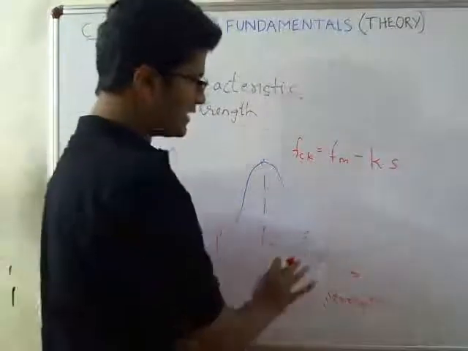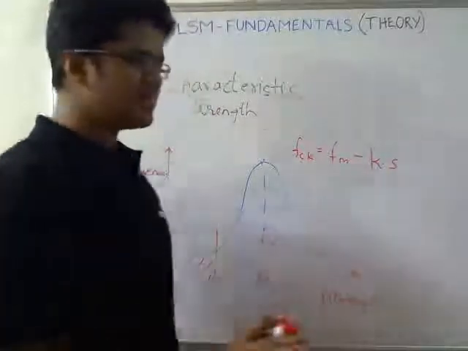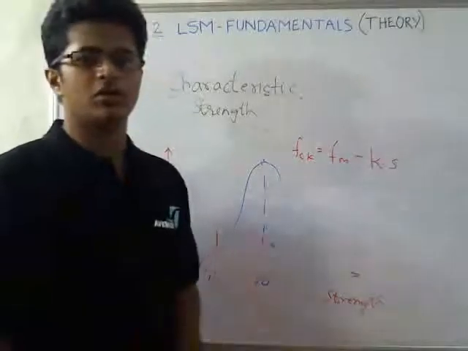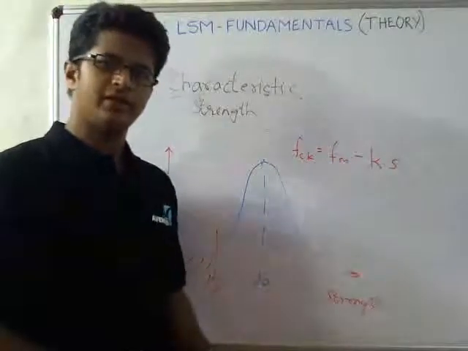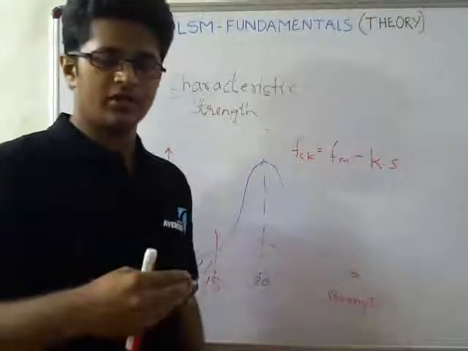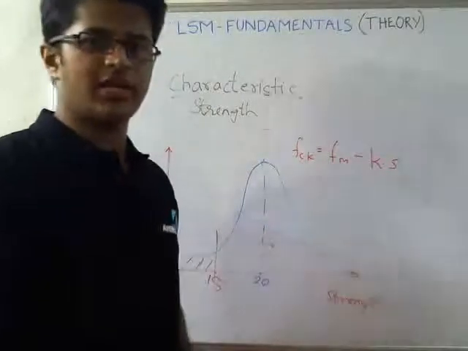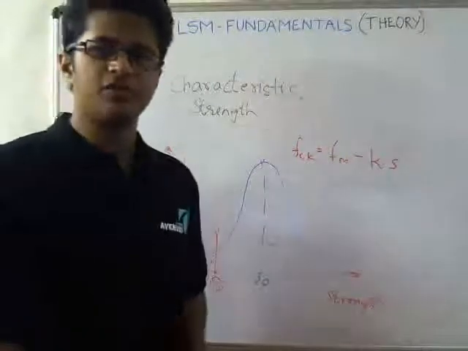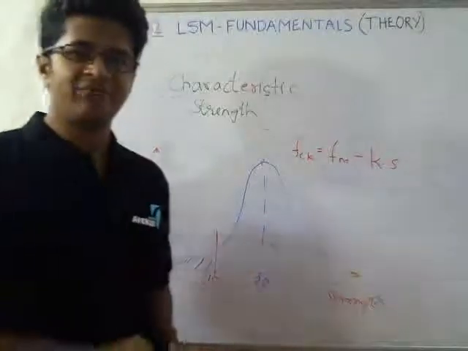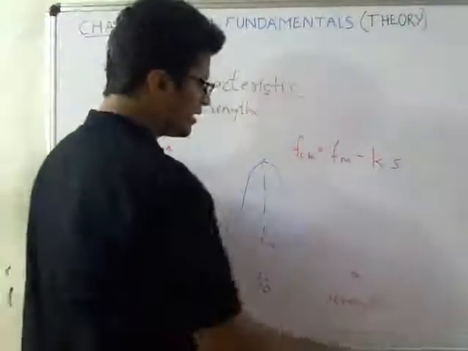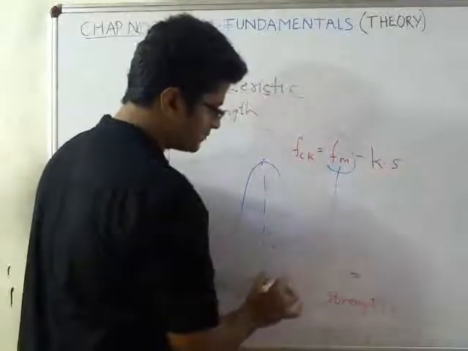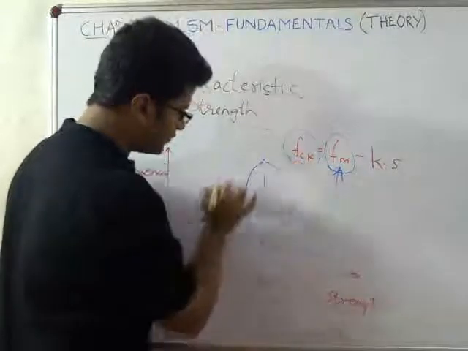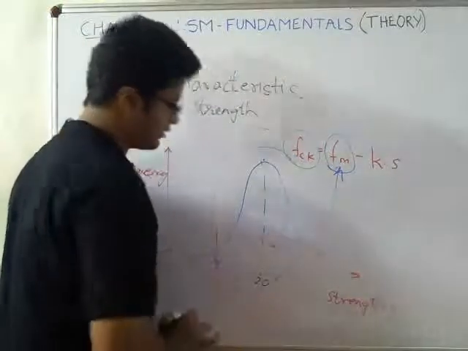I'm just giving you an example. If you are getting 20 as the mean of the various cubes which you have tested, and if you want to calculate the strength of your material to use in the analysis and design of the structure, then you interpret the strength of the material as M15 grade, because the Fm value may be 20, but after subtracting, the FCK value which you are getting is 15.